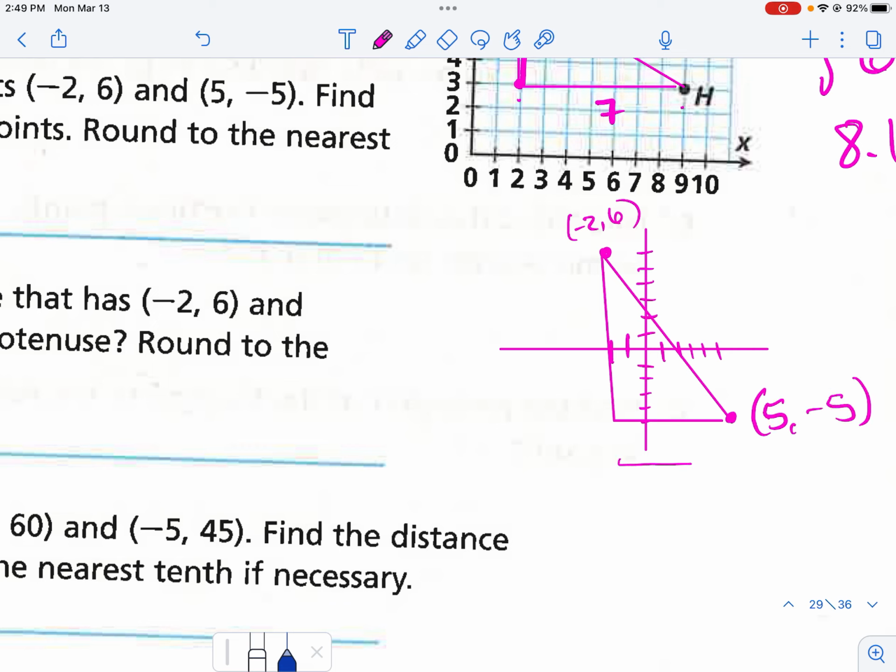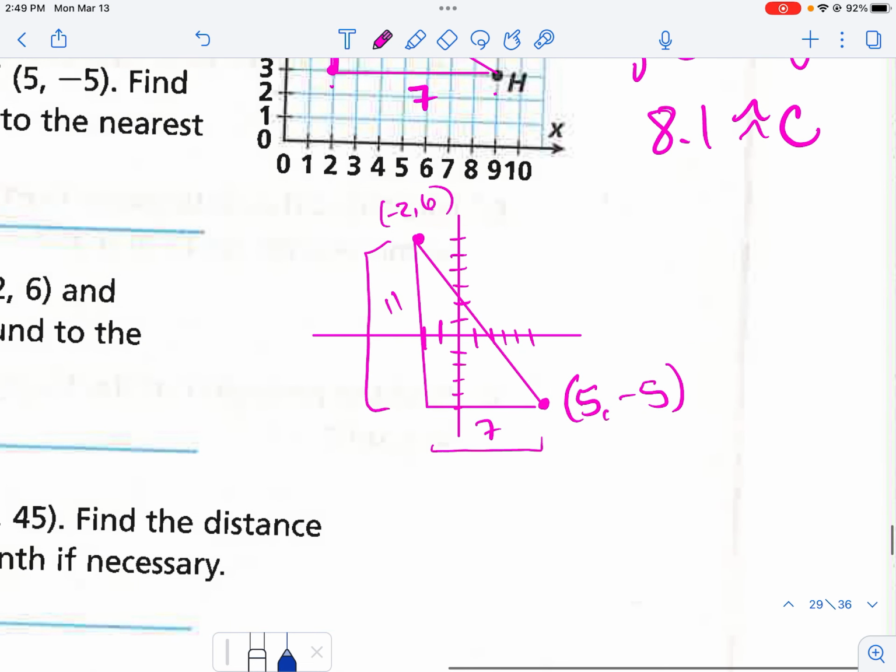So this direction, we went from -2 to 5, so that's 7 long. And from here to here, we went from -5 to 6, so that's 11 long. So I would take 7 squared plus 11 squared equals c squared. 49 plus 121 equals c squared.